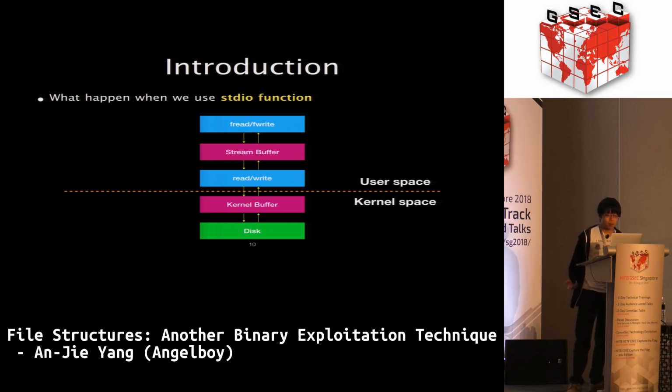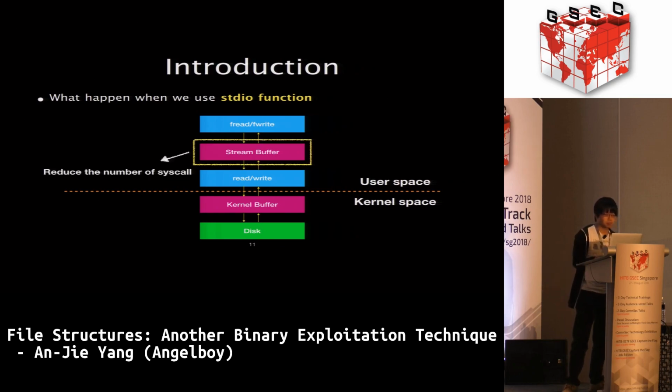Then data will be copied to your destination as you want to read or write. The goal is to reduce the number of system calls. In other words, it will reduce the number of trips to the kernel.